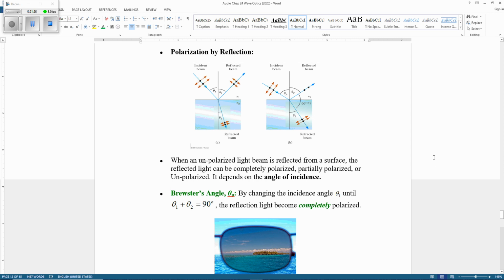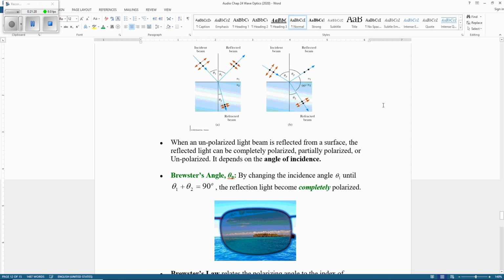Okay, so now we can change the incident angle, right? When we change this angle, the reflection angle is going to change, but always stays the same as the incidence angle. At the same time, the refraction angle also changes. Now suppose the incoming incident light is unpolarized.